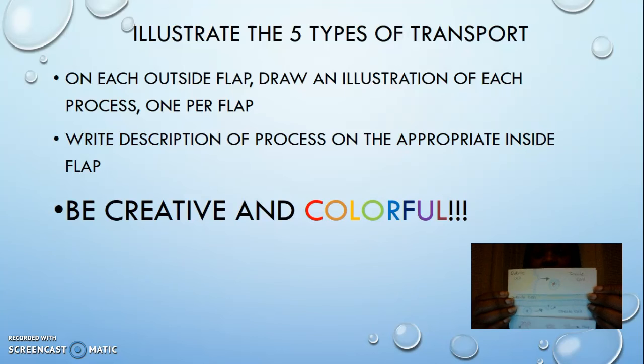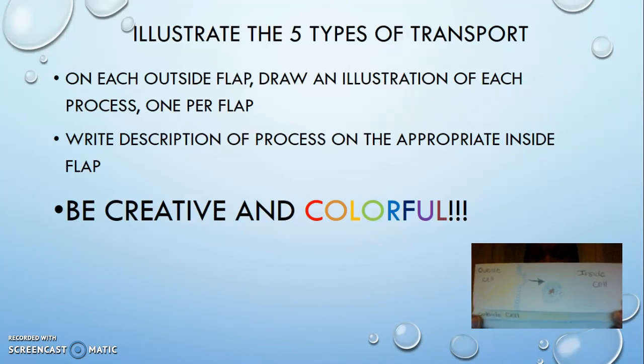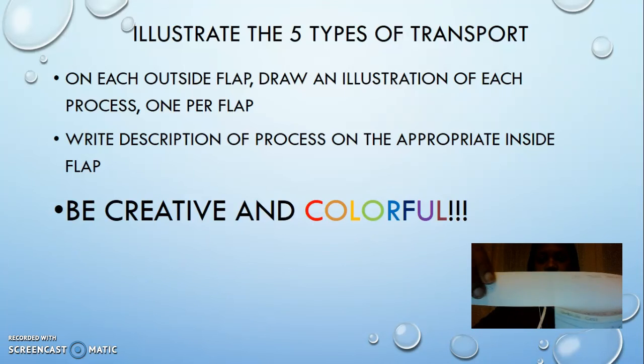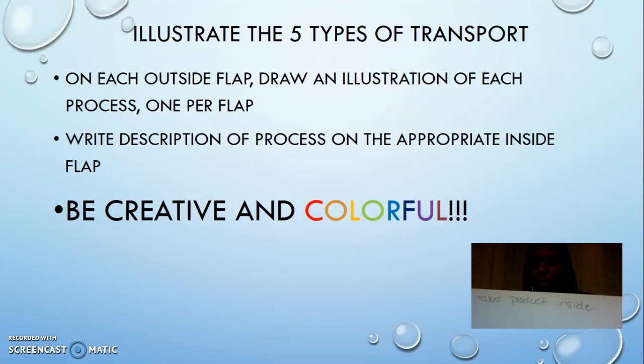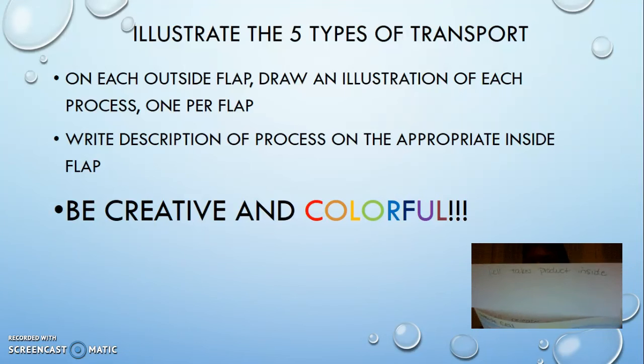So let's see. We have endocytosis. I have illustrated how it actually moves outside of the cell. I have the actual word, endocytosis, right on the other side of that flap. And I have a brief description of what that is.